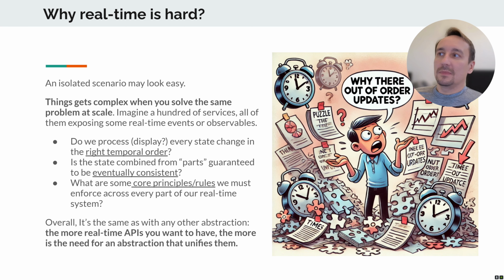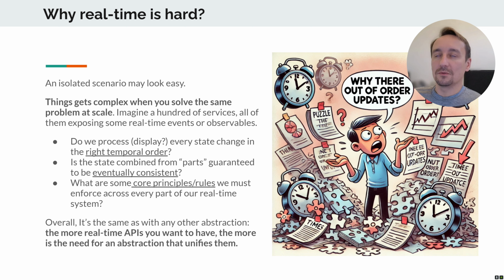So why is real time hard? It's hard not because reporting changes is something that's complex. It's hard because you usually have tons of different components, right? Which report the state changes, and in the end, you need to combine a single state.